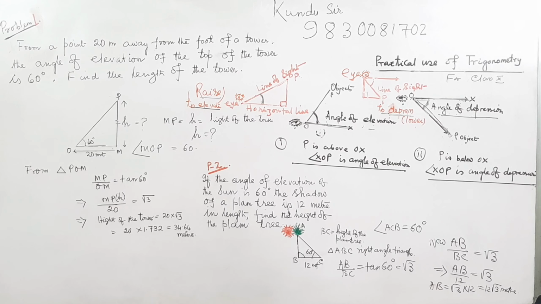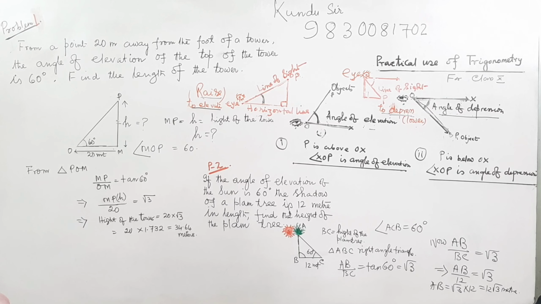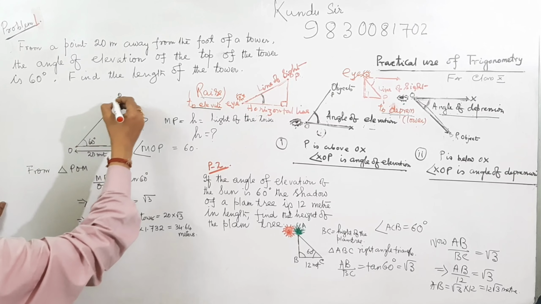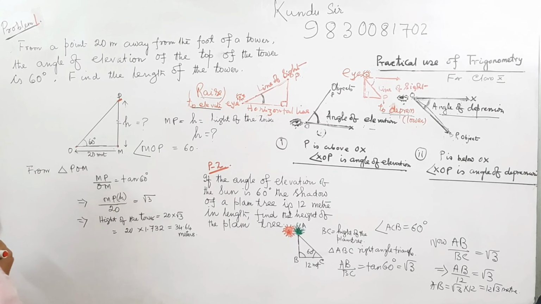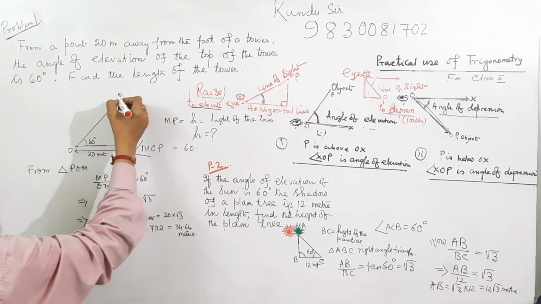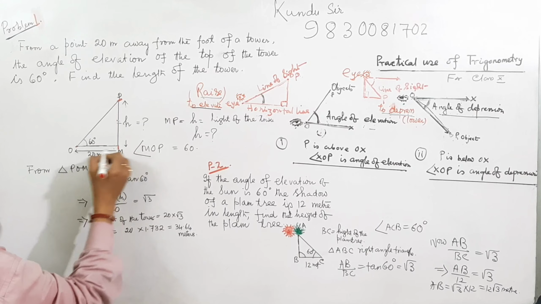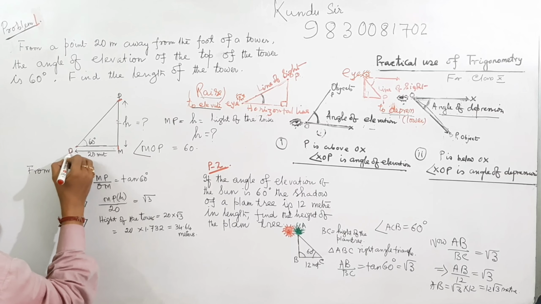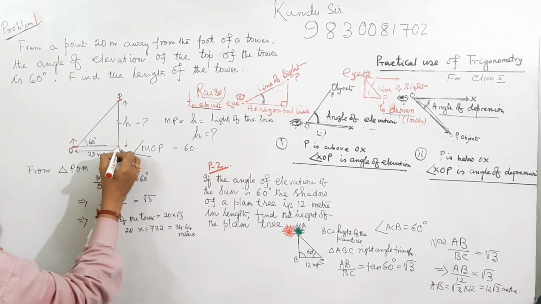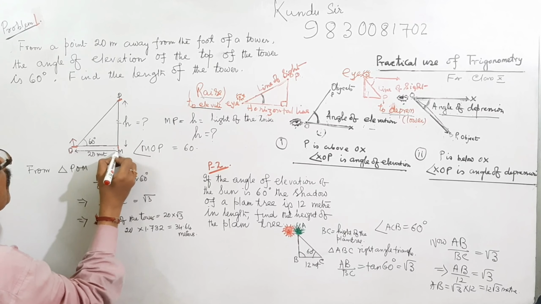Someone is standing here and wants to see the top of the tower, the head of the tower, from the position O, and the distance between the person and the tower along the horizontal line is 20 meters.